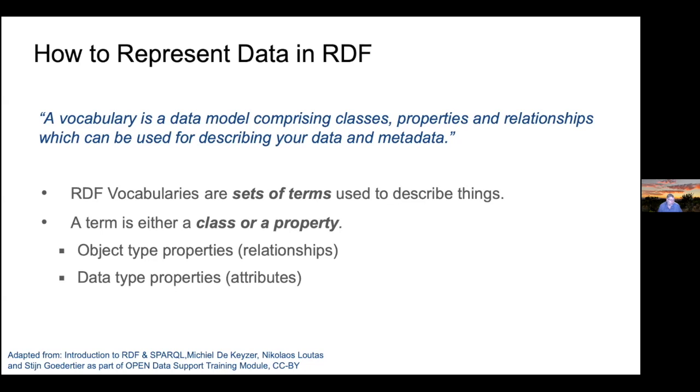So within NIDM, there's a whole vocabulary of terms that we use to describe the imaging data and, for example, the results data. So within the NIDM specification, there's a whole defined vocabulary. And these terms are either classes or properties, and there are different types of properties.